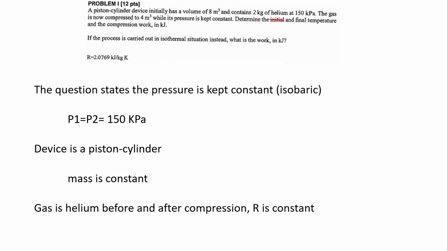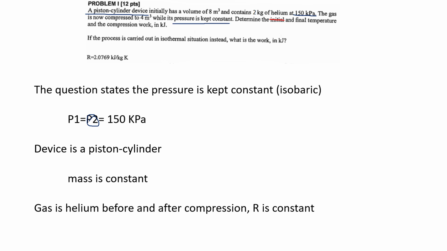So now to find T2, we'll have to make some more assumptions. In the problem, they tell us that the pressure is kept constant. It's isobaric condition. So therefore, P2 is going to be the same as P1, 150 kPa. The device we're using to compress the gas is a piston cylinder device, so that means that it's a closed system.